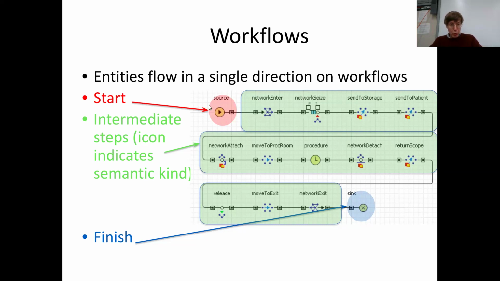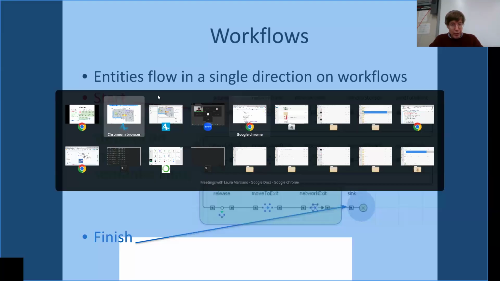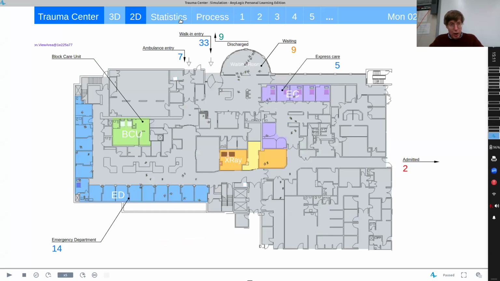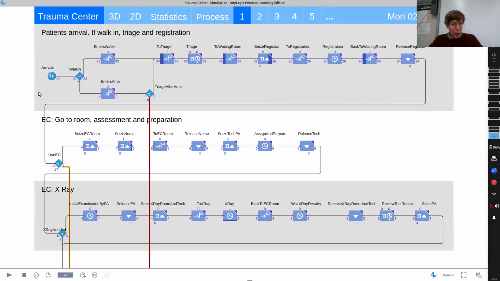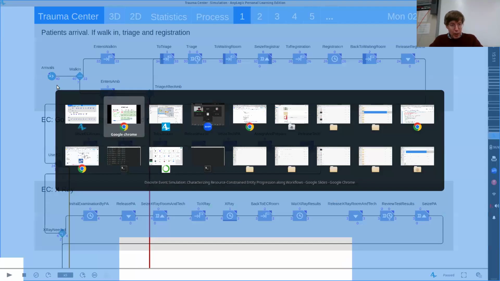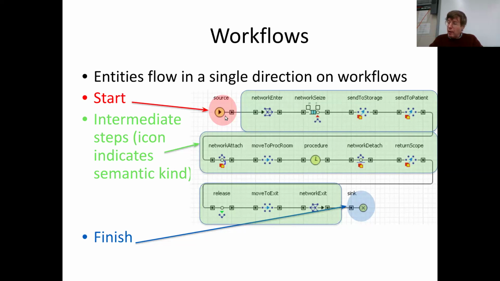Okay, let's talk about these workflows. Workflows commonly enter via some sort of mechanism. This could be a more anonymous sort of source. It can also be a type of entry point which is more suitable for hybrid modeling, where agents could enroll themselves in it.